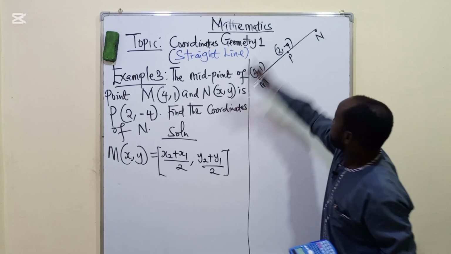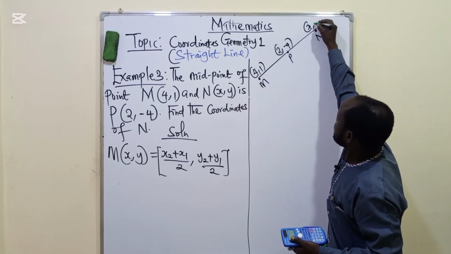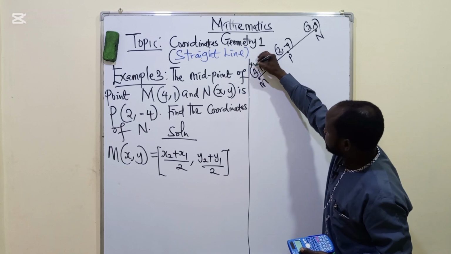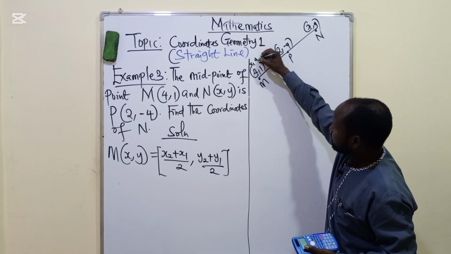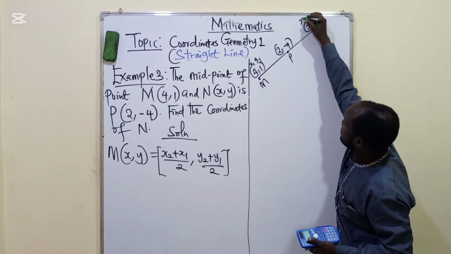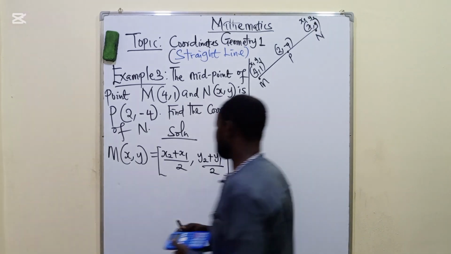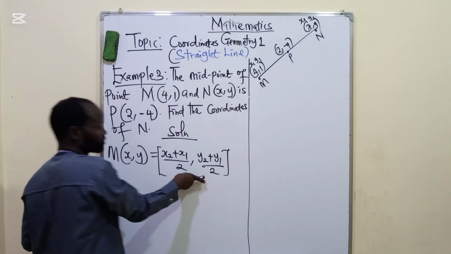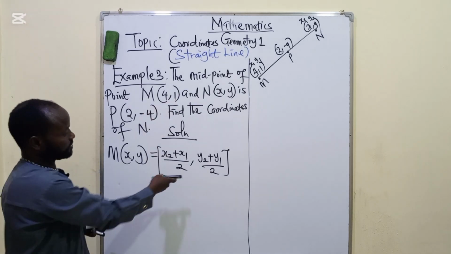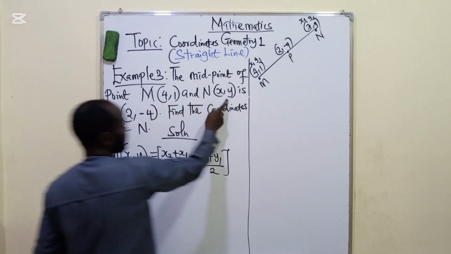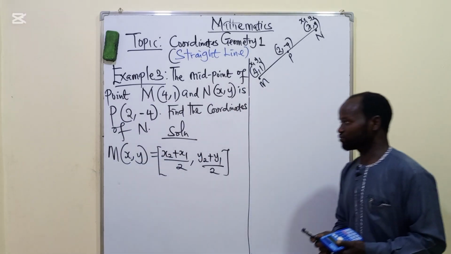And the coordinate of N is (x, y). So it means this will be our x1, that's the starting point, and then y1. Then we have x2 here, y2 here, respectively. So it's just a question of us substituting these parameters into this formula and solve for the value of x and y. Let's look at how we can do that.